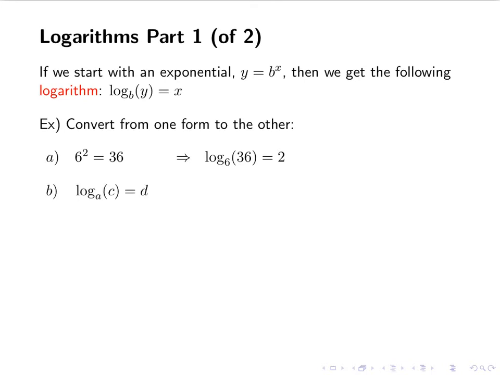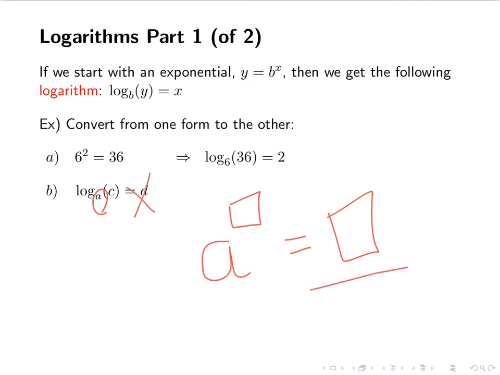How about if we start with a log? Log base a of c equals d. Again, I always start with what is the base. The base for my log is a. So I'm going to have a to some power equals something. I know that right away. And then again, I can think of the next step in two ways. Whatever my exponential equals cannot be what my log equals.